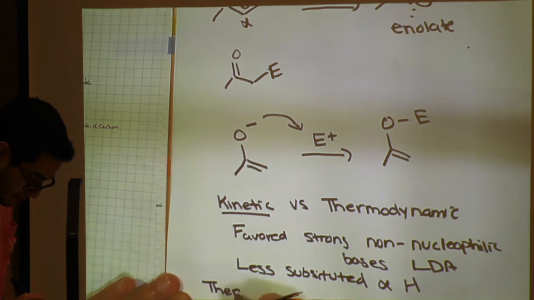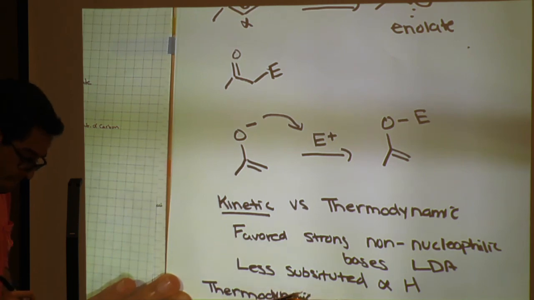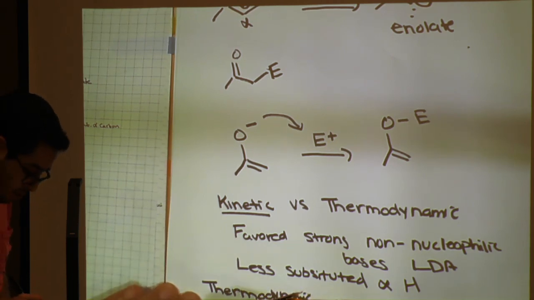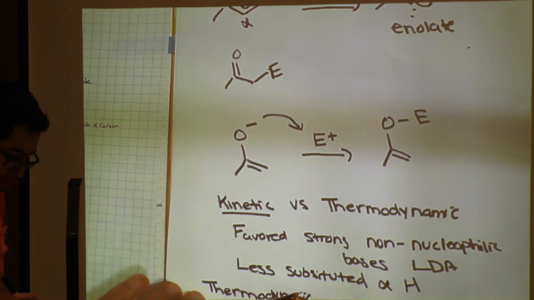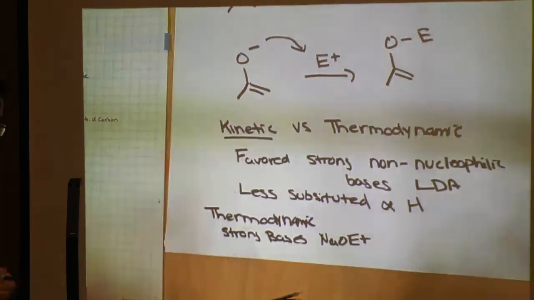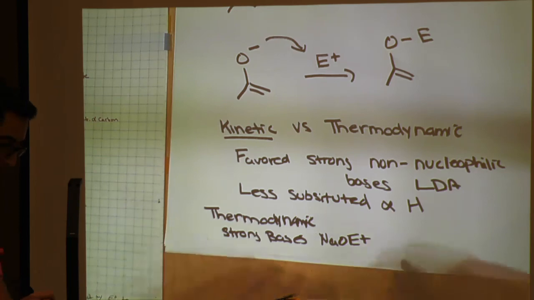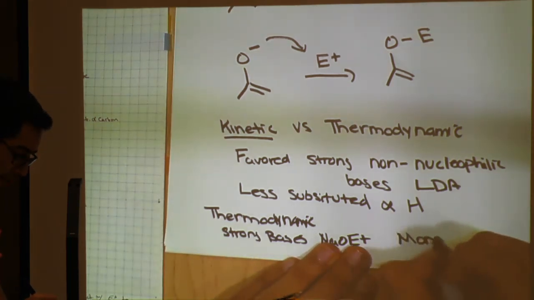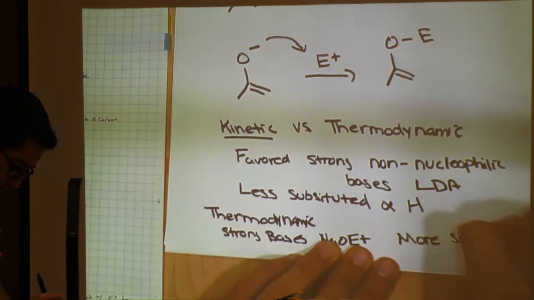While thermodynamic is going to be favored by strong bases such as sodium ethoxide. And this will do the more substituted alpha hydrogen.